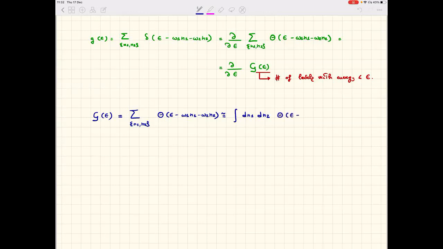Theta of epsilon minus omega 1 n1 minus omega 2 n2.